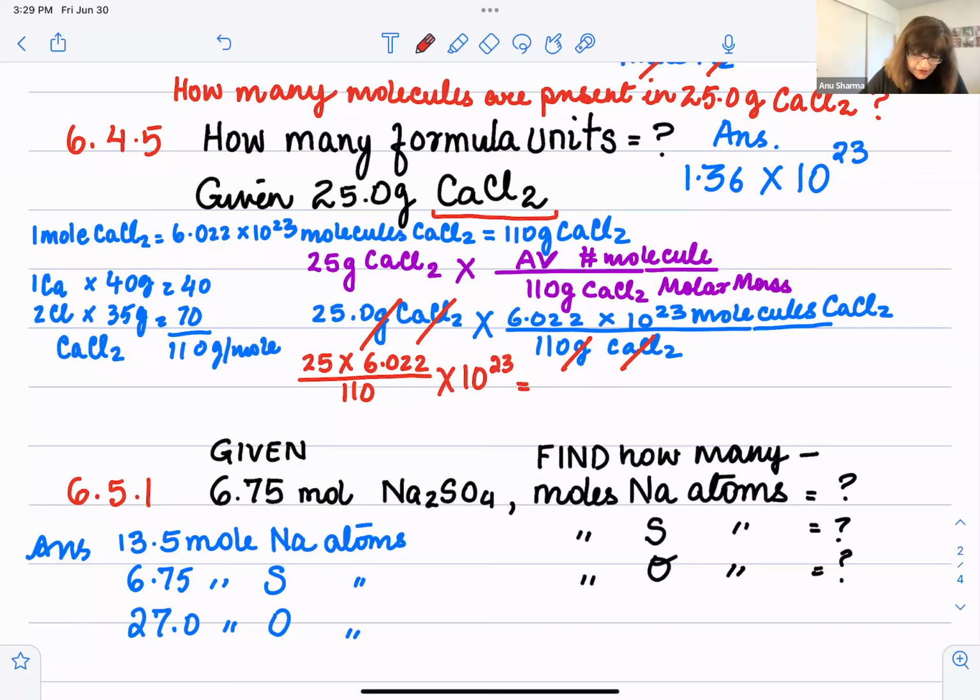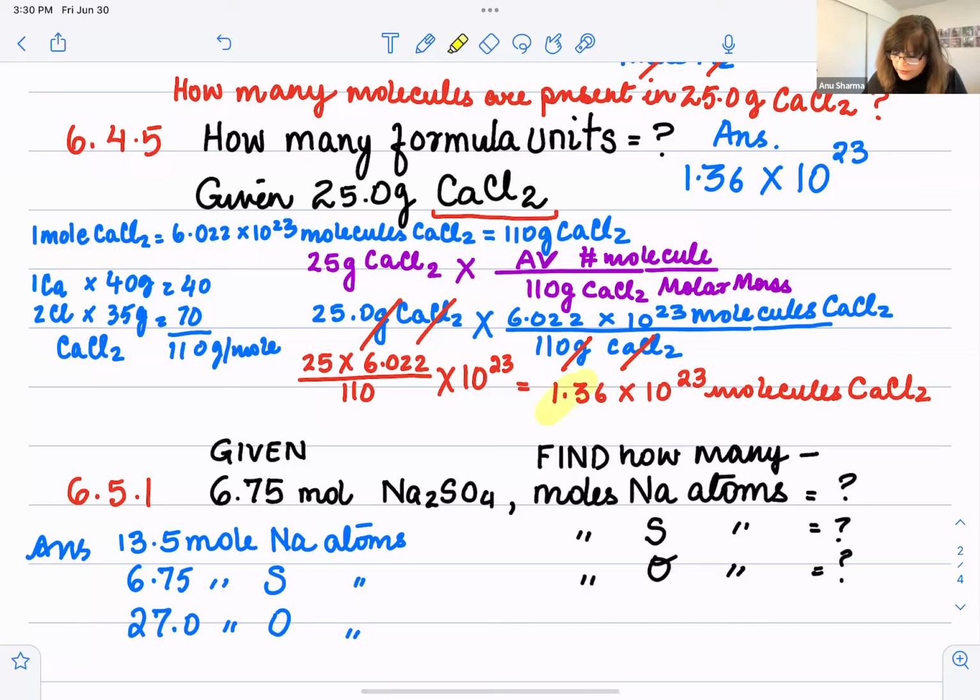So 24 times 6.022, divided by 110, is 1.36. So the answer is 1.36 times 10 to the power 23 molecules of calcium chloride.